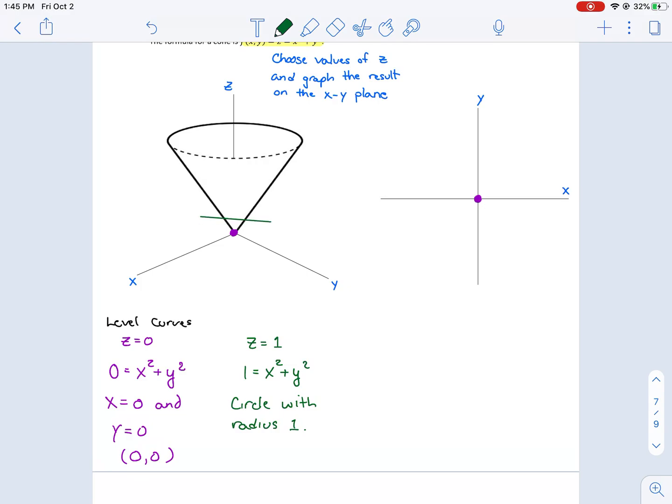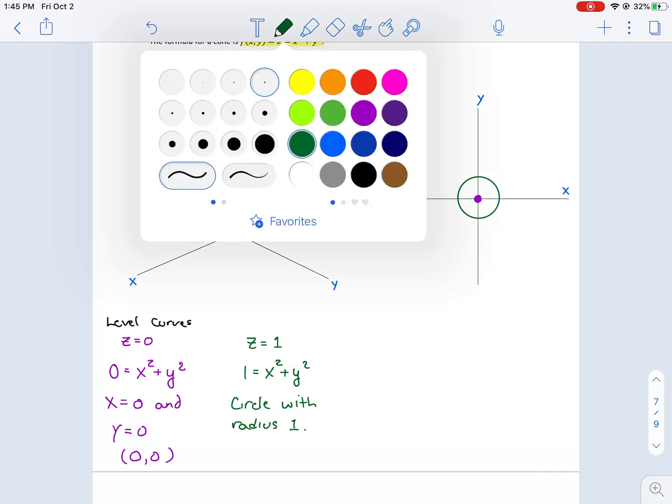So if we took this cone and cut it horizontally, where z is equal to 1, the result would be a circle whose radius is 1.